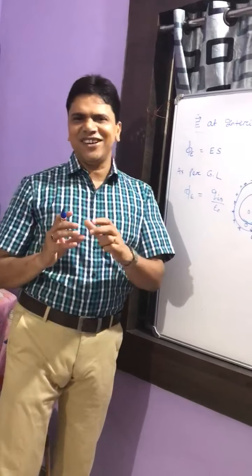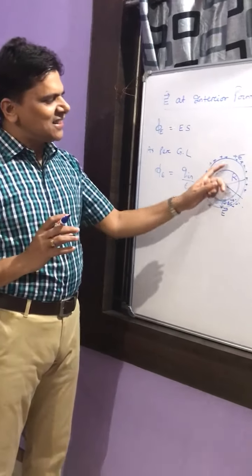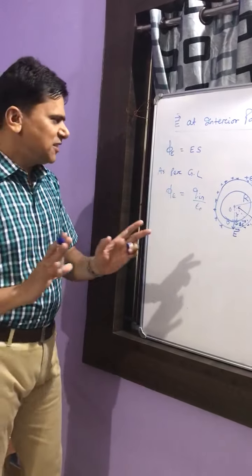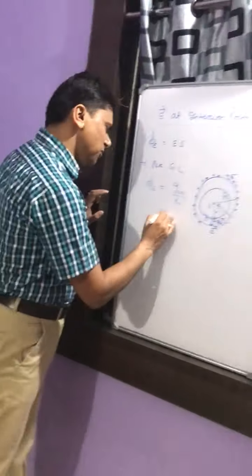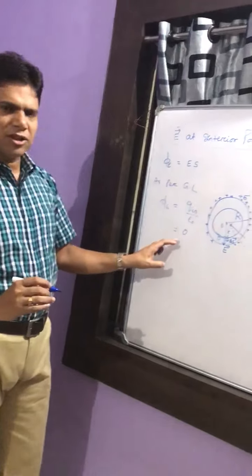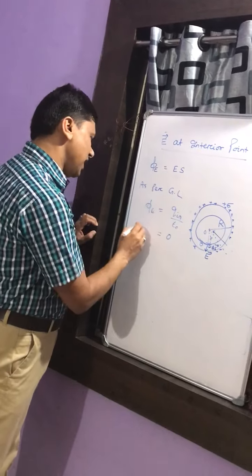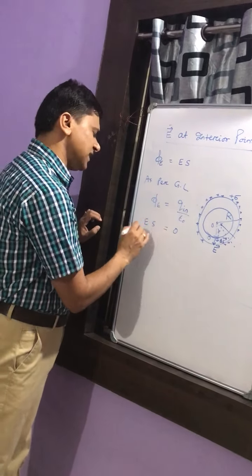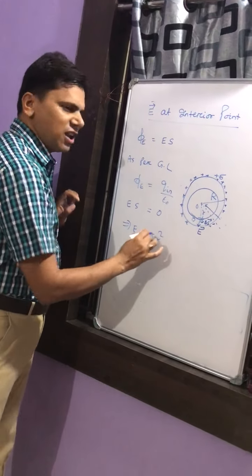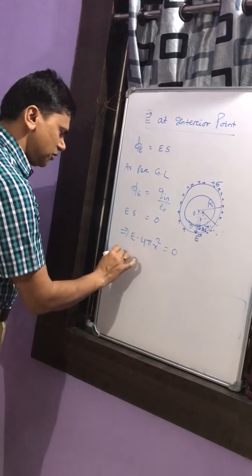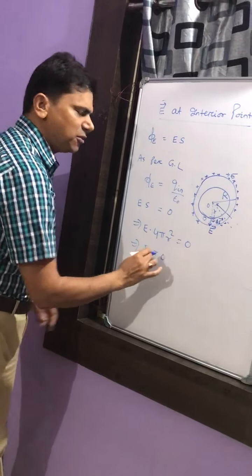One interesting point here is that inside the Gaussian surface there is no charge. Whatever charge is there is on the surface. So this q in will be 0, so 0 by epsilon 0 is 0, and this phi E is equal to E into S. So E into 4 pi small r square will be 0, and we get the electric field equal to 0.